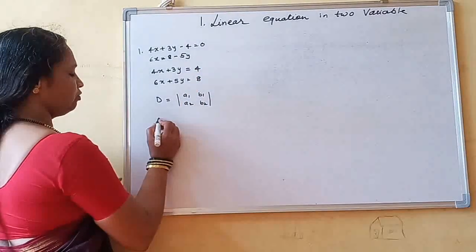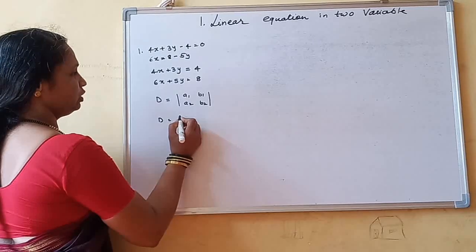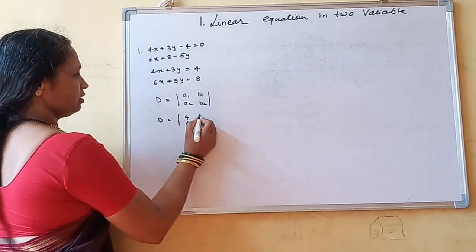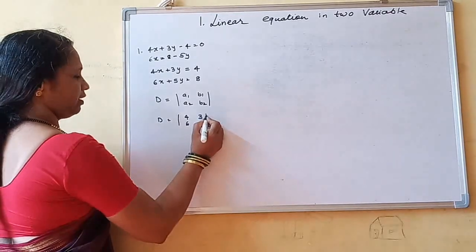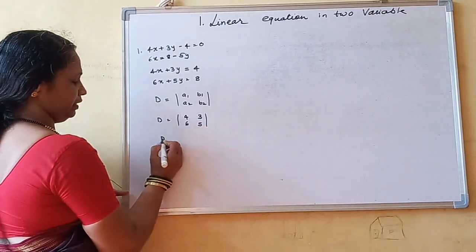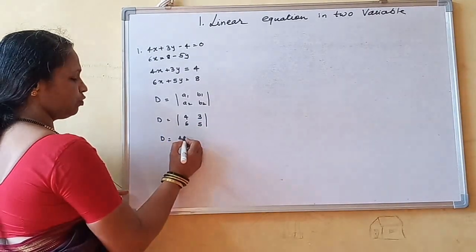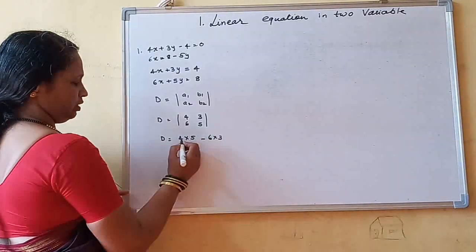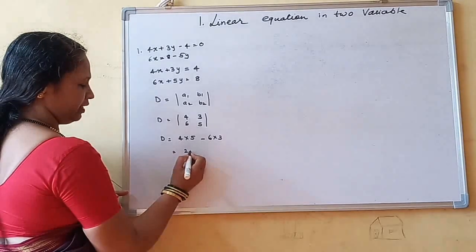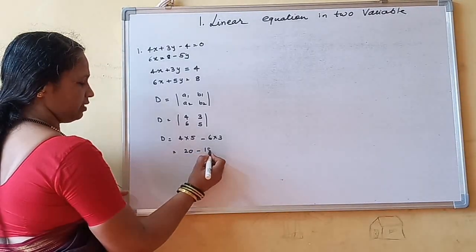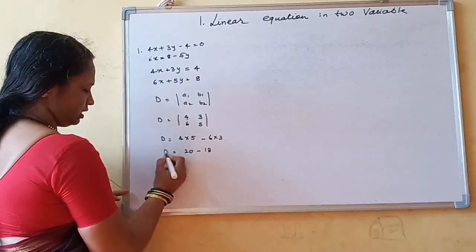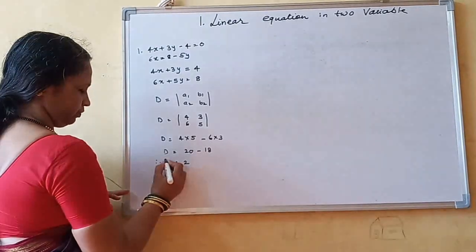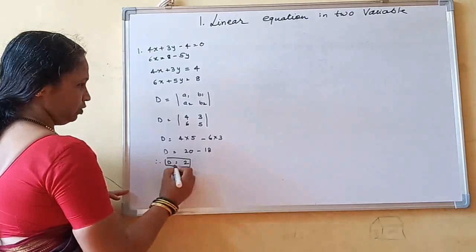So D is equal to the determinant of 4, 6, 3, 5. Now we have to find the value of D. D will be equal to 4 into 5 minus 6 into 3. Now 4 fives are 20 and 6 threes are 18. Therefore D is equal to 2.